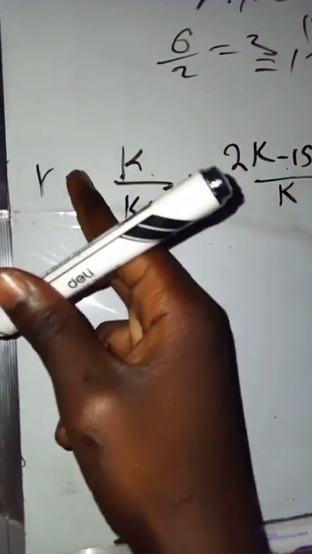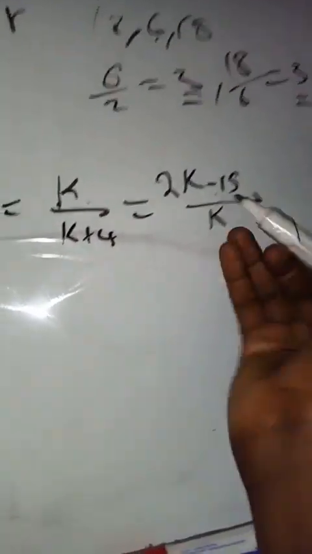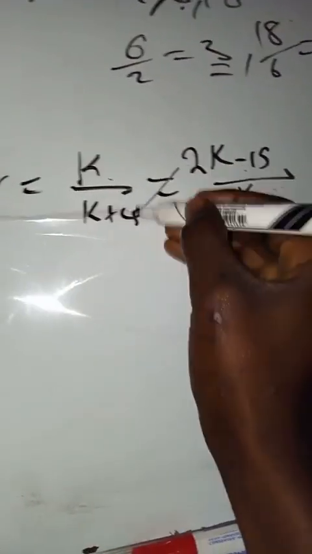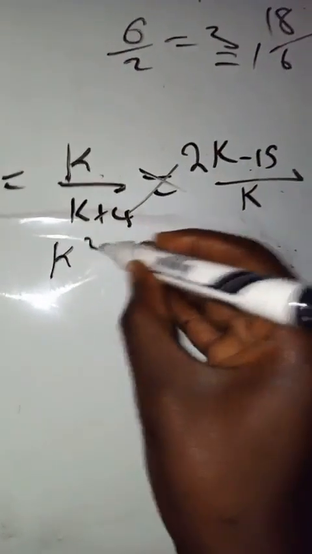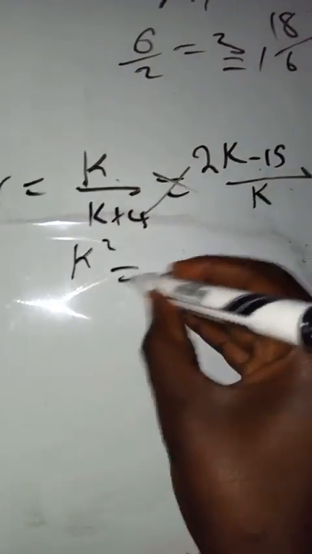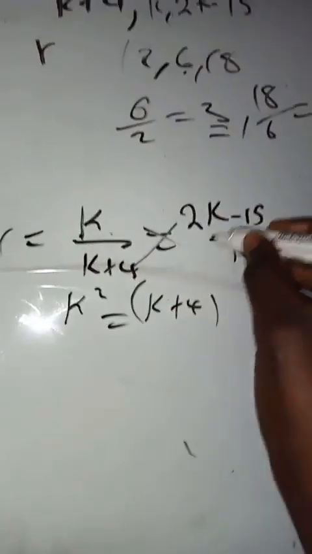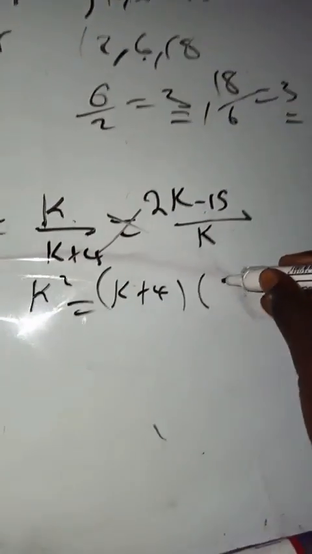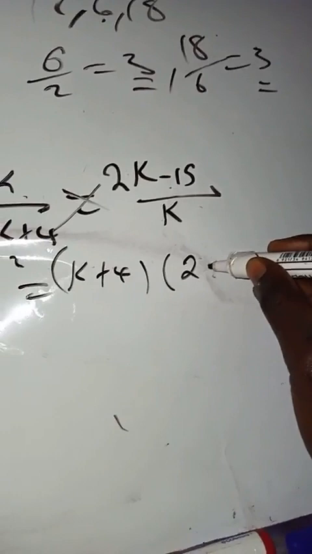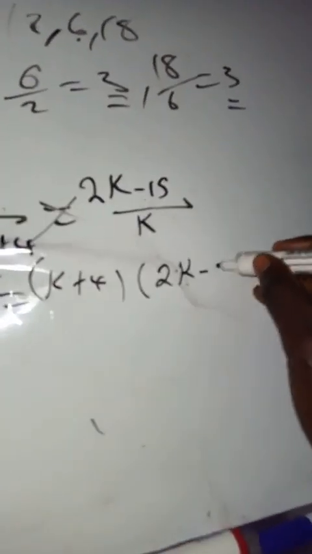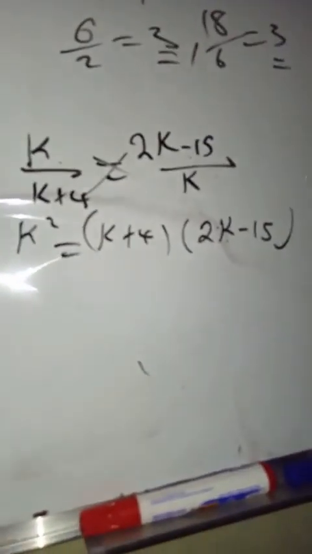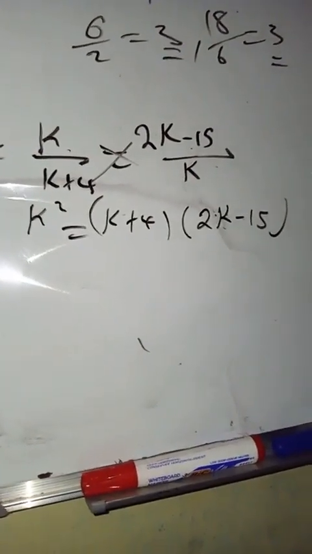Okay. So I can simply say, K times K, this will give me K squared being equal to this here, K plus 4 multiplying by 2K minus 15. Okay.